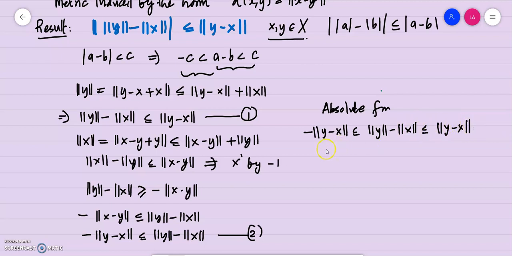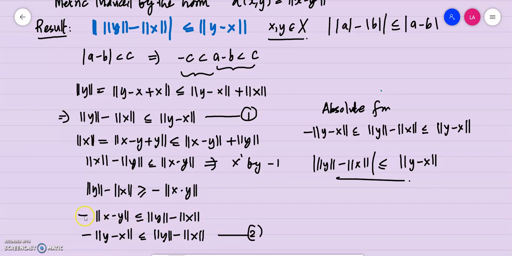That is, minus c is less than a minus b less than c, which can be written as modulus of (a minus b) less than c. So modulus of (norm y minus norm x) is less than or equal to norm of (y minus x). This is how we obtain our preliminary result regarding the norm.